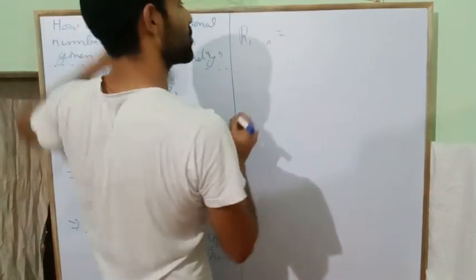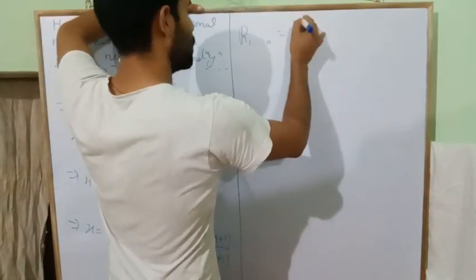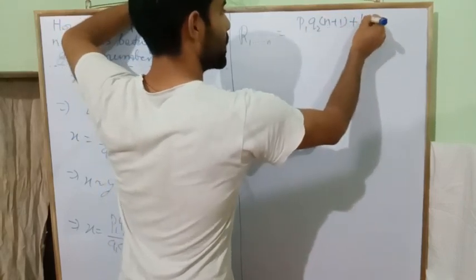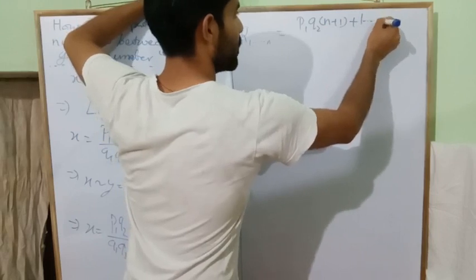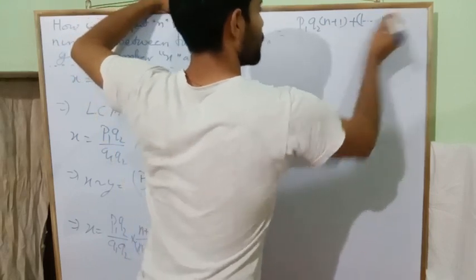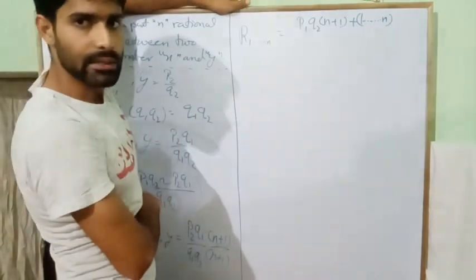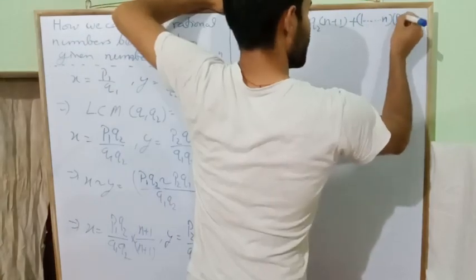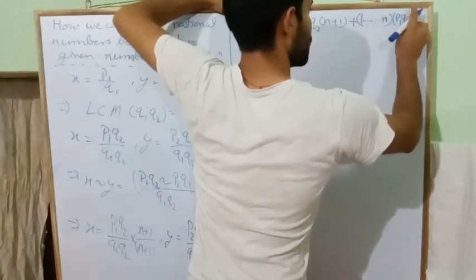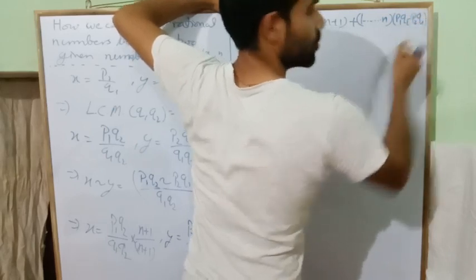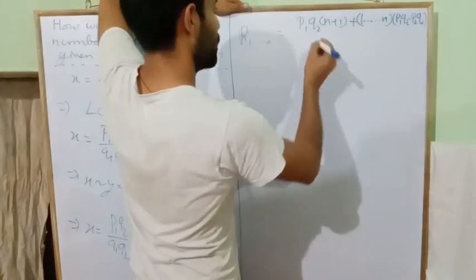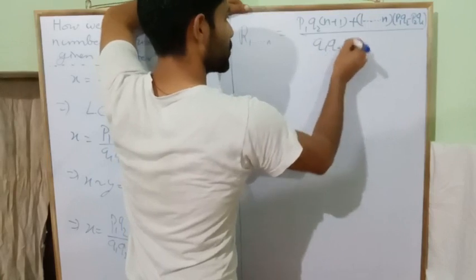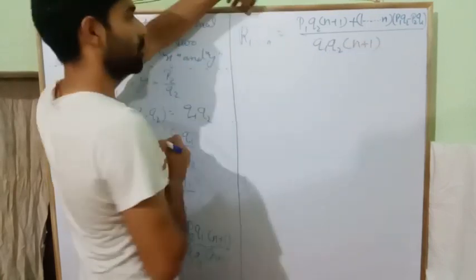So this is equal to p1 q2 into n plus 1 plus 1 to n, and we take this difference, p1 q2 minus p2 q1 upon q1 q2 into n plus 1.